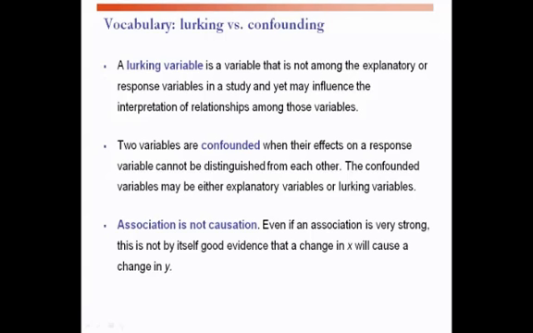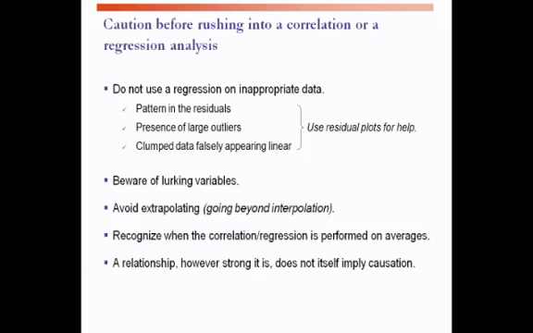A lurking variable is a variable that we did not consider but could explain either the response or the explanatory variable or both. In the previous example, we saw that the size of the fire explained both the number of firefighters and the damage. So let's see if I've got an example for confounding. I'll come to that.